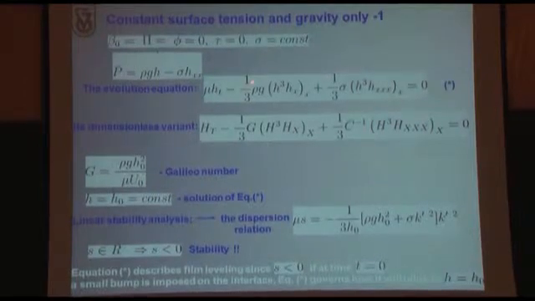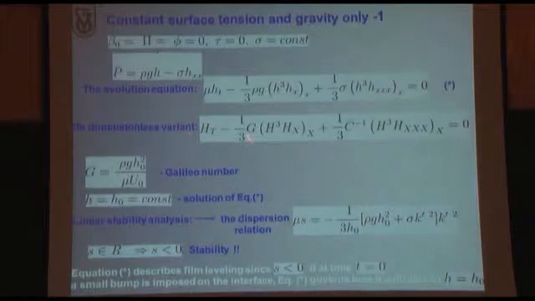This equation is in physical variables, the dimensional one. We see a viscosity here, we see the action of gravity, G, and we have surface tension. The surface tension term looks exactly like in the previous example, because there is no change with respect to that. And this version is a dimensionless version of the same equation.